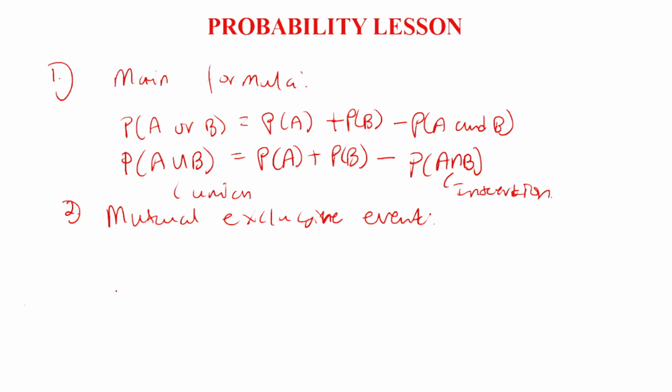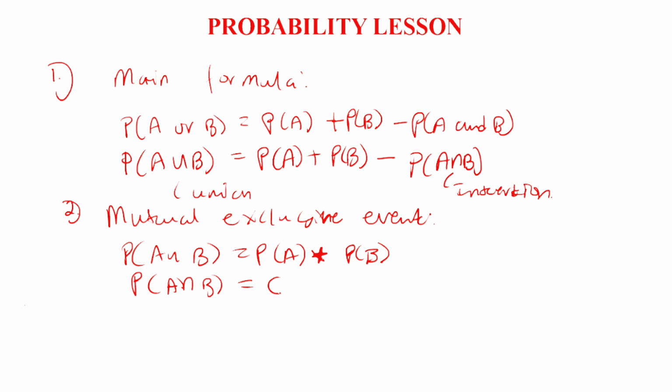So these are mutually exclusive events, and in terms of the formula, they are given by the probability of A or B is equal to probability of A plus probability of B. Therefore this simply means the probability of A and B is equal to 0.